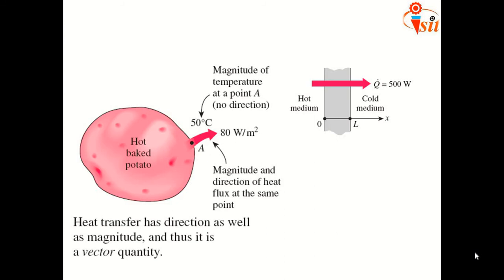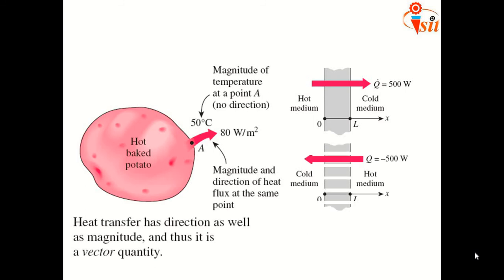For example, if I want to find Q from the hot medium to the cold medium, from length 0 to L, which is the direction of X, then in that direction heat is positive. Why? Because heat flows from the hot medium to the cold medium, from high temperature to low temperature.